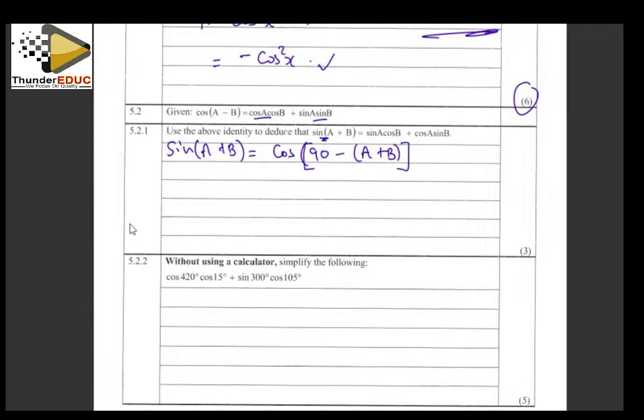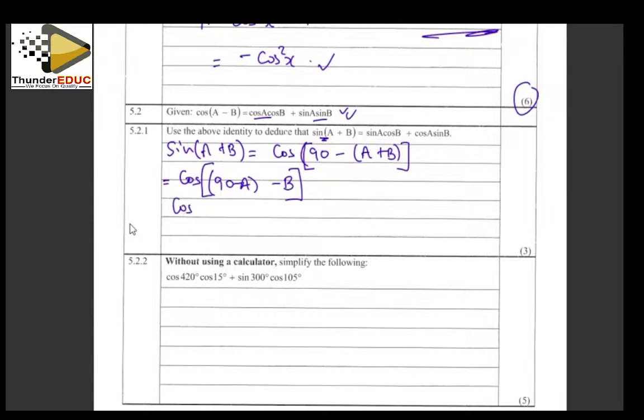Then I can expand this and say this is my cos of 90 minus A. And you put these brackets, 90 minus A, and then minus B. And then I can do the expansion here using what we were given.